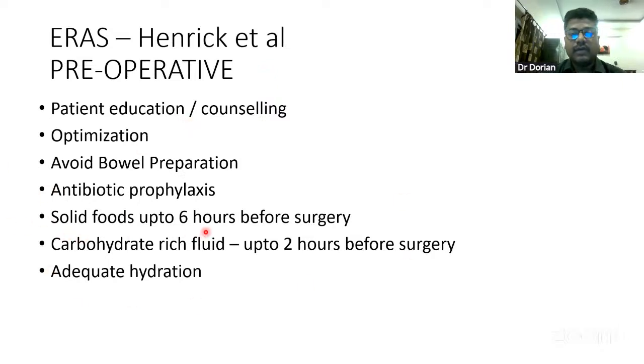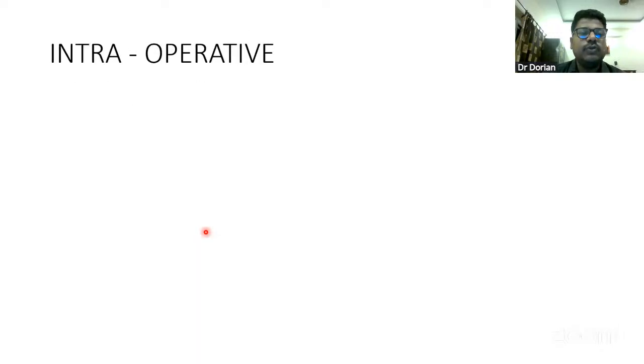Solid foods can be given up to 6 hours before surgery. Even for a case of carcinoma stomach or Whipple's procedure, you can give solid foods up to 6 hours prior to surgery. Carbohydrate-rich fluids, liquids can be given up to 2 hours before surgery. Current recommendation, so use it. Adequate hydration is useful.